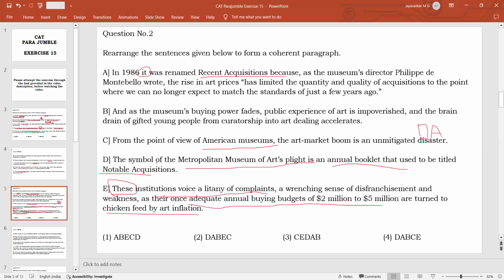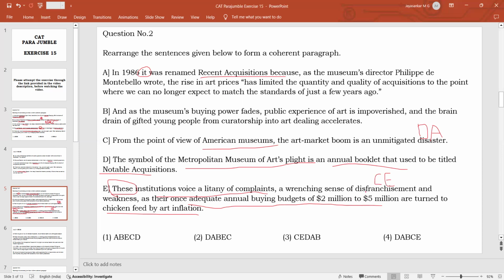So from this, we can see that C and E become another sentence pair, where C talks about the disaster that is happening for the museums because of the boom in the art market. And then E explains what the disaster is, because these institutions voice a litany of complaints. These institutions are raising a series of complaints or problems.